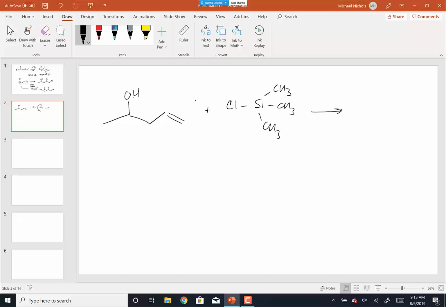What's that going to do? Well, what happened when the sulfur was attached to a chlorine? I'm going to lose HCl in this process, and add what's called a trimethylsilyl group to the alcohol and make a silyl ether.